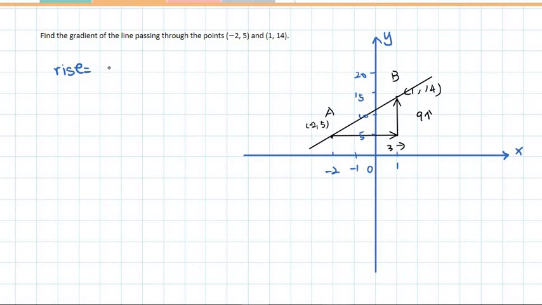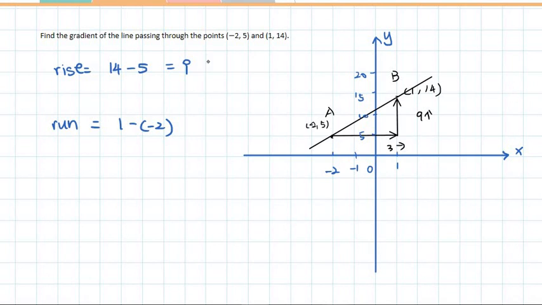So to get the 9 units upward, we use 14 minus 5. And for the run, we use 1 take away -2 to get there. If you use -2 take away 1, you will have a different answer. We only want to know how many units it is traveling up and how many units it is traveling to the right.